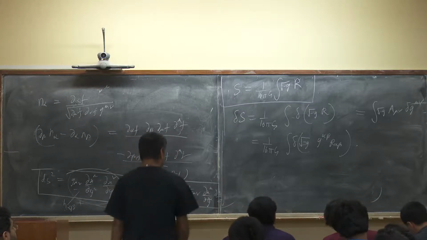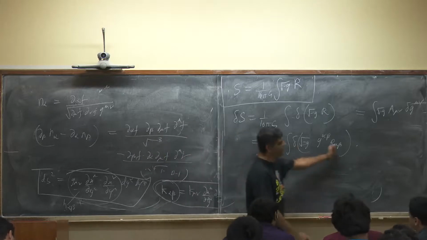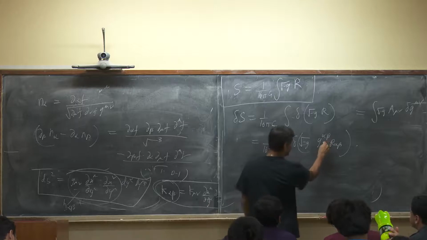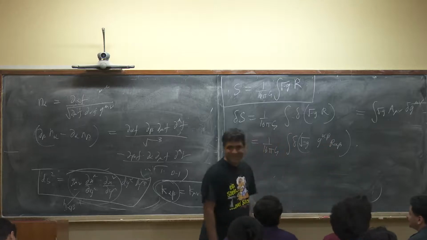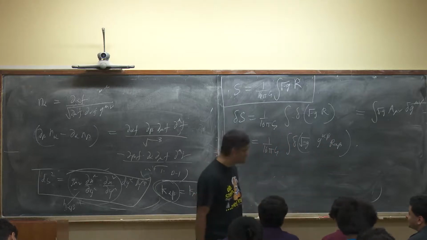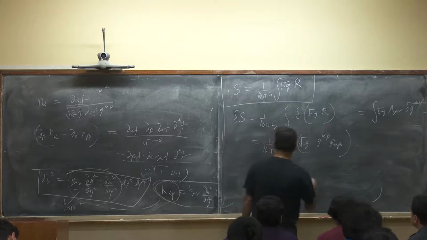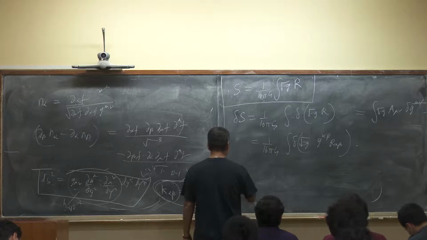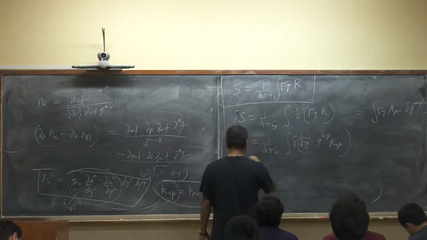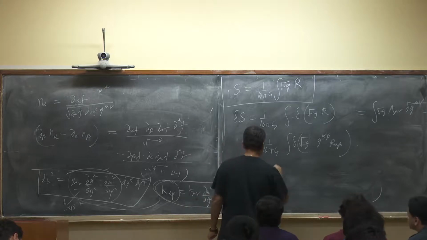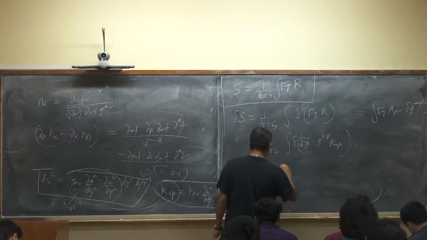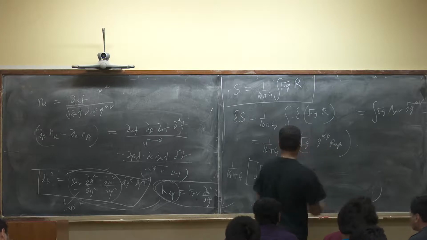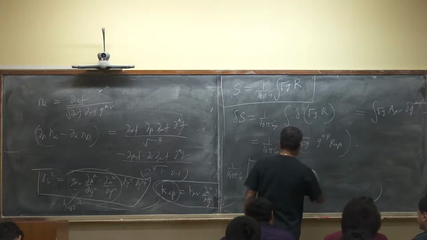Okay, two of the variations in this thing are very easy to do. So let's do those first. The first variation that is really easy to do is this guy. It's just g alpha beta staring you in the face. Okay, so that gives you 1 by 16 pi G integral square root minus g delta g alpha beta times the first term is just multiplying this R alpha beta.